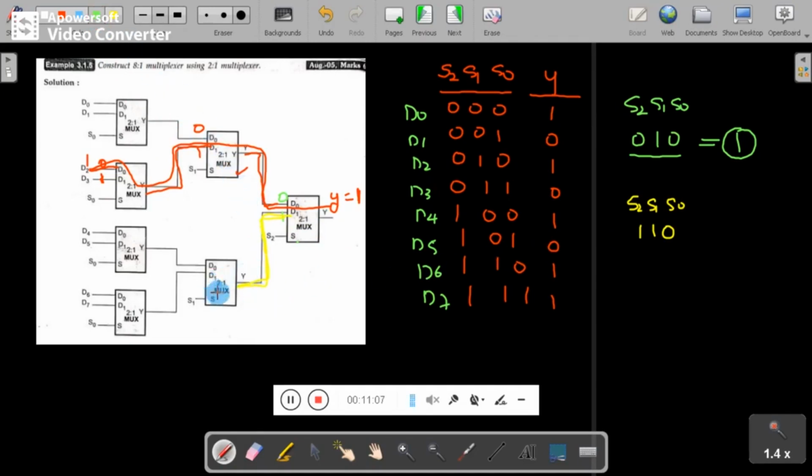Now S1 is 1, once again this line will get selected in this IC and this IC will get selected, and S0 is 0, in this IC 0 means this line will get selected. That means the D6 value will be moved out of the multiplexer. What is the D6 value? D6 value is 1. So you will get y equal to 1. In this way the 8:1 multiplexer works.